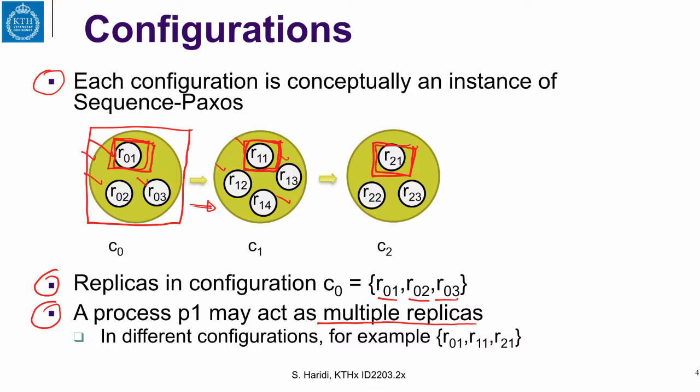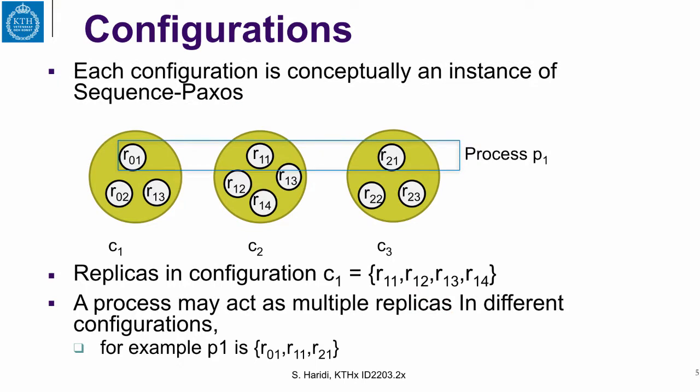If the sequence consensus is leader-based, like leader-based sequence Paxos or Raft, then each configuration has its own election algorithm. The election algorithm will run on these replicas in configuration C0, on these replicas in configuration C1, and so on. So here is what we are saying: process P1 is running these replicas, and a process might act as multiple replicas in different configurations.